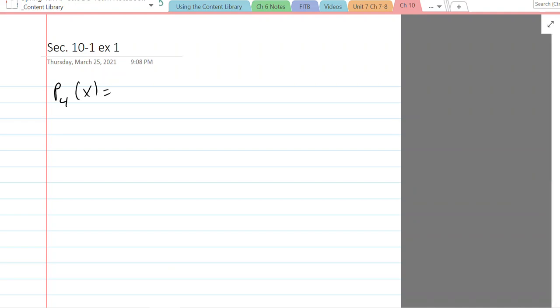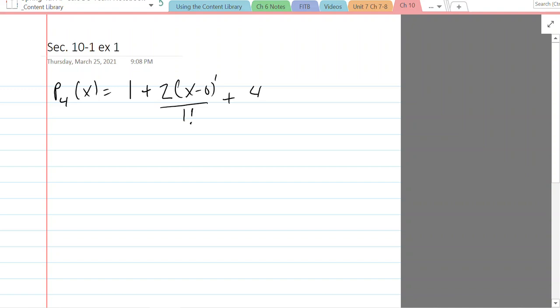So it's going to be 1, which is our first term, plus our first derivative at 0, which is 2, times x minus 0 over 1 factorial. And it's 1, and we don't need to show that anymore. Then our second derivative is 4 times x squared over 2 factorial, which is 2, plus our third derivative is 8x cubed over 3 factorial, which is 6, plus 16x to the fourth over 4 factorial, which is 24.